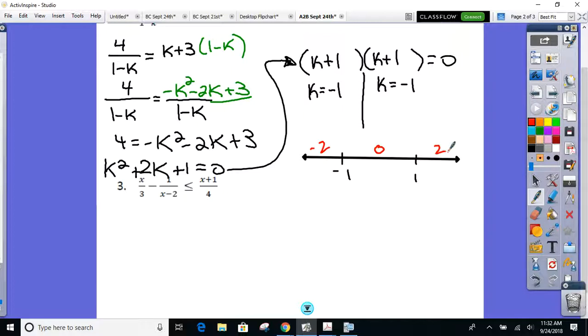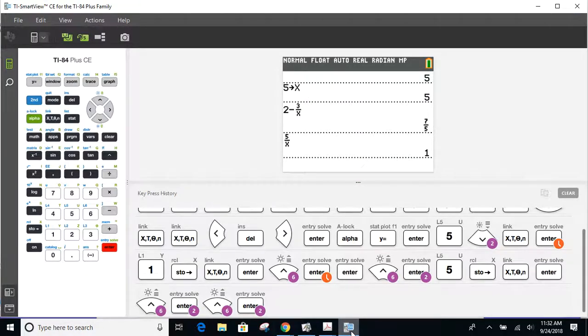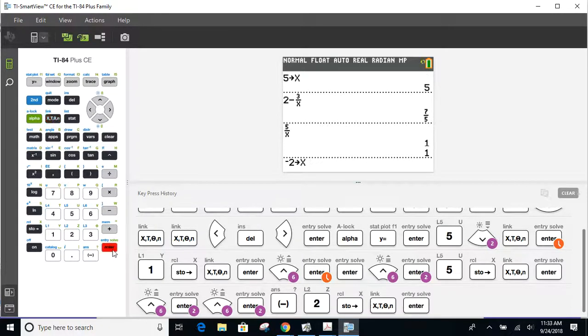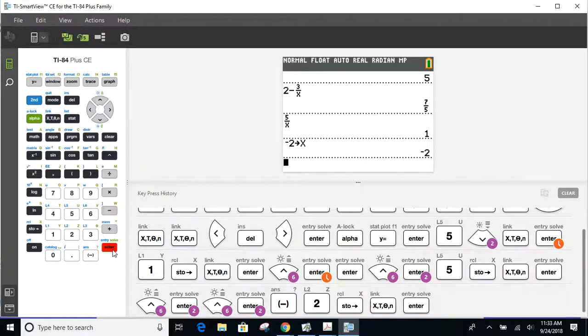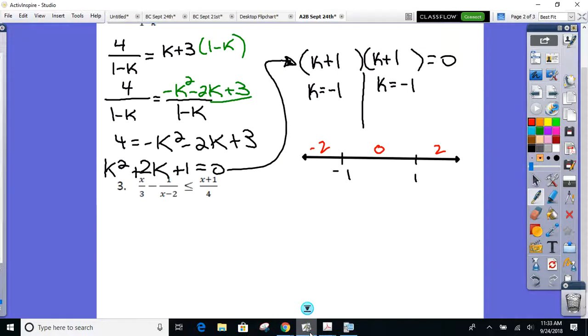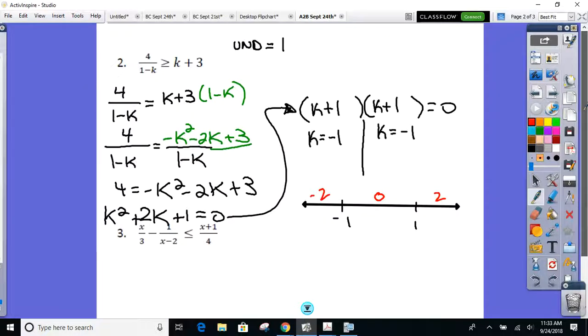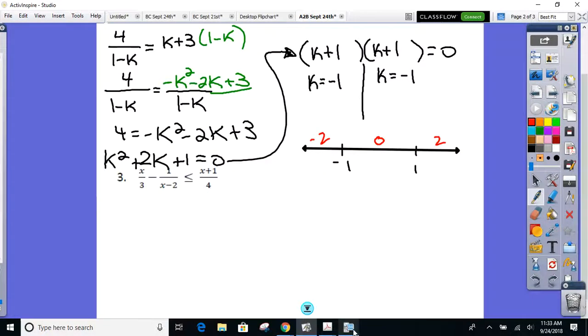Store in negative 2 for k or x. It's up to you. And what's my left side look like? Four over 1 minus k.